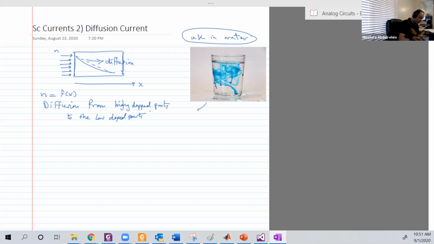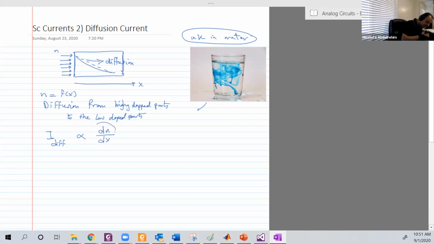Good. So this current now, I diffusion, is proportional to, yes, if you have more and more variation, a larger gradient, then you will have more current. So I diffusion is proportional to dN by dx.